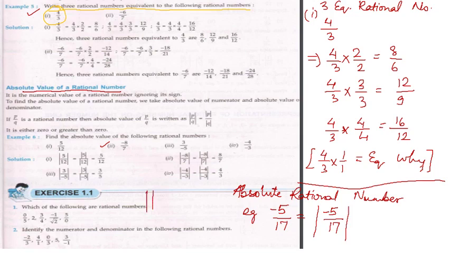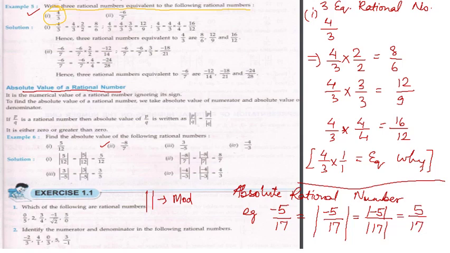When we write this, these two lines are read as mod. So mod of minus 5 by 17 is equal to mod of minus 5 by mod of 17, and finally the absolute value is 5 by 17.